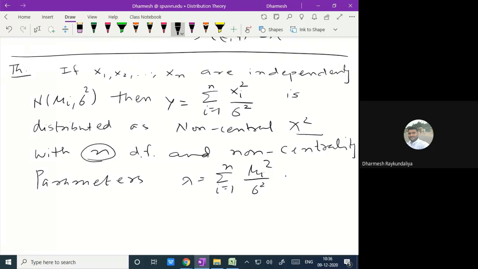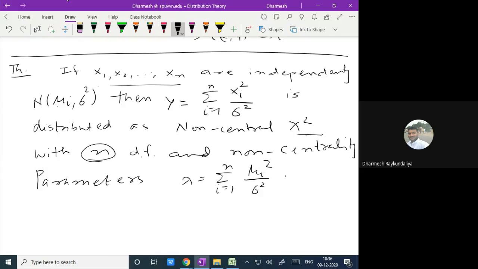Why? Because there are n independent random normal variates, and mu i is not zero. If the mean is zero, then y equal to summation xi square upon sigma square has the central chi-square distribution with n degrees of freedom. But here mu is not zero, so the distribution becomes non-central chi-square.